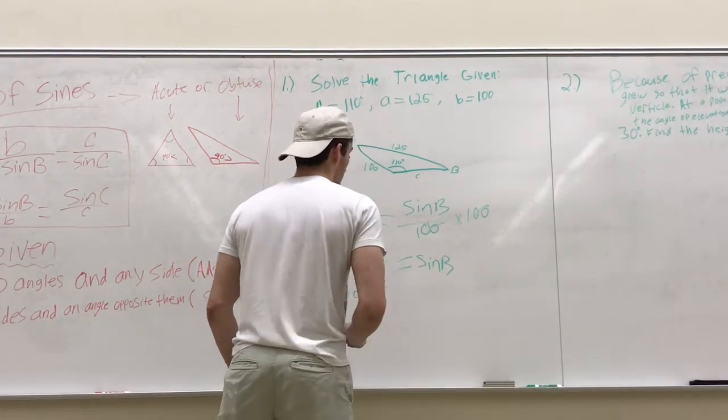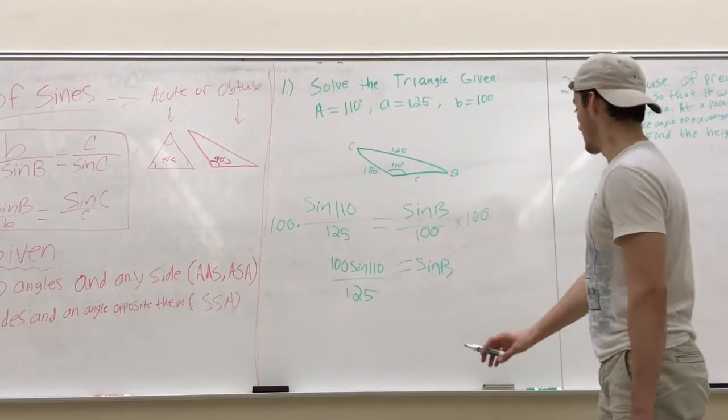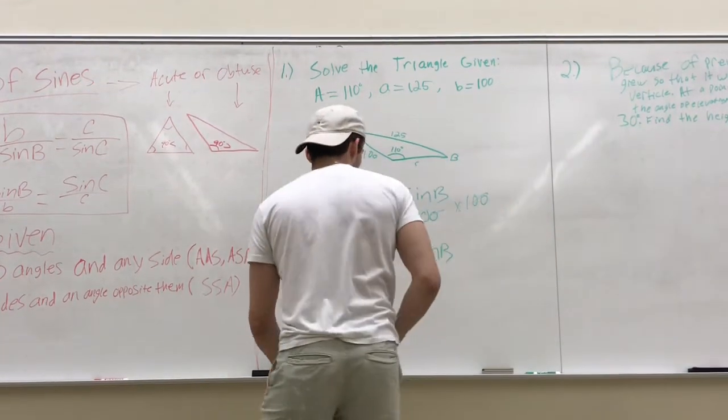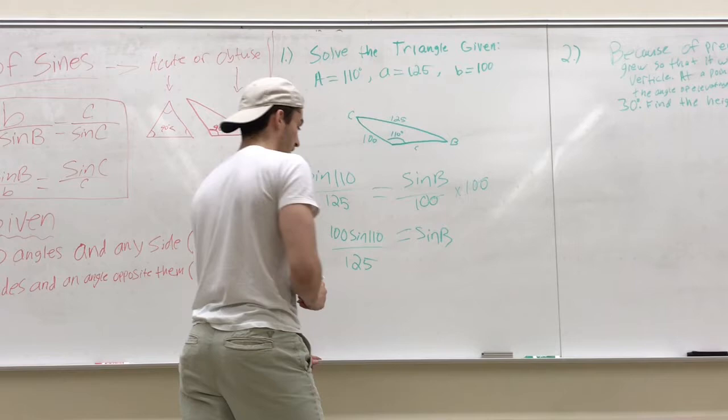You aren't finished here though, because you need to get rid of the sine to figure out what the exact angle is. So you need to take the arcsine of both sides.